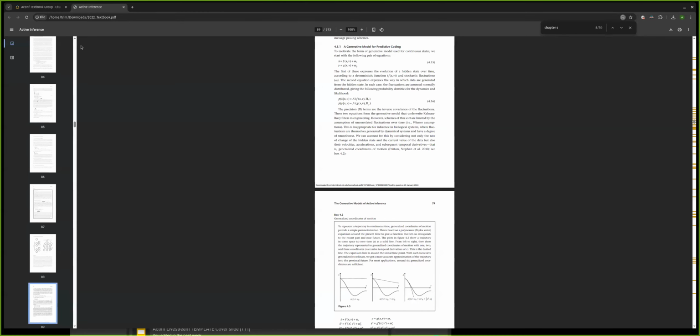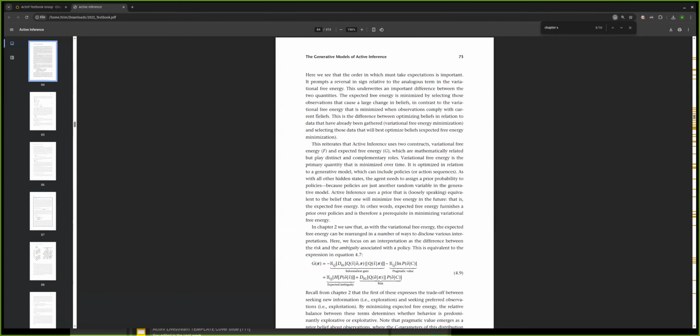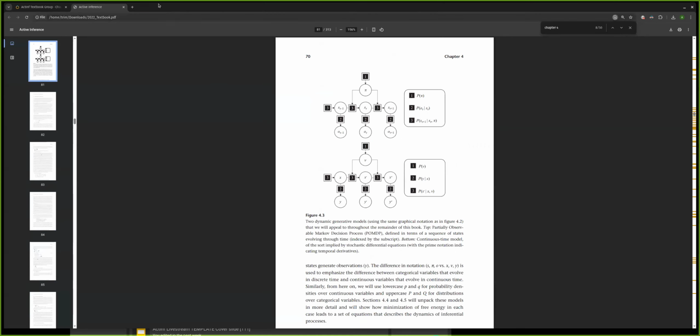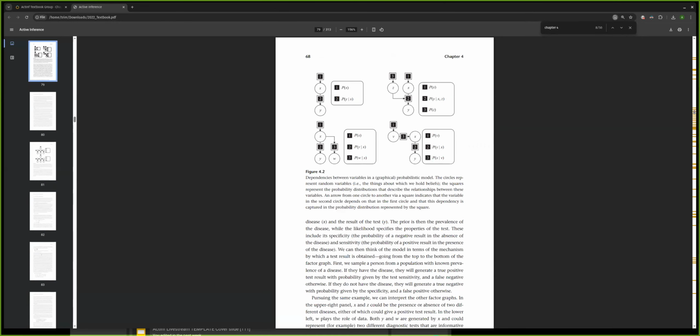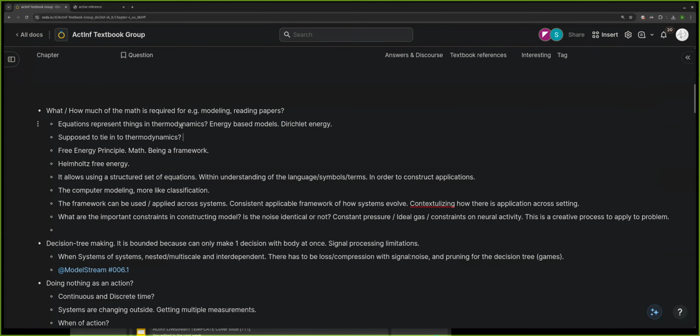Here's a question. How would you determine the actual free energy of, say, I have a cat here. How do you determine the free energy of my cat? It's like, what's the mean squared error of your cat?